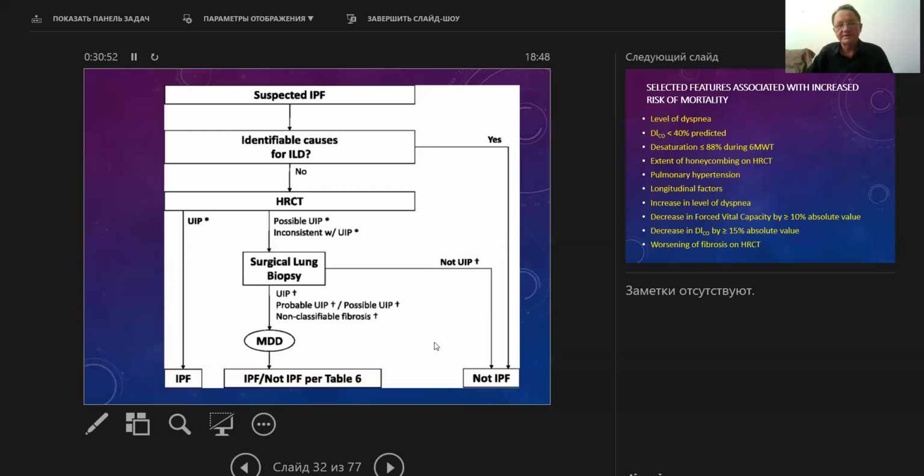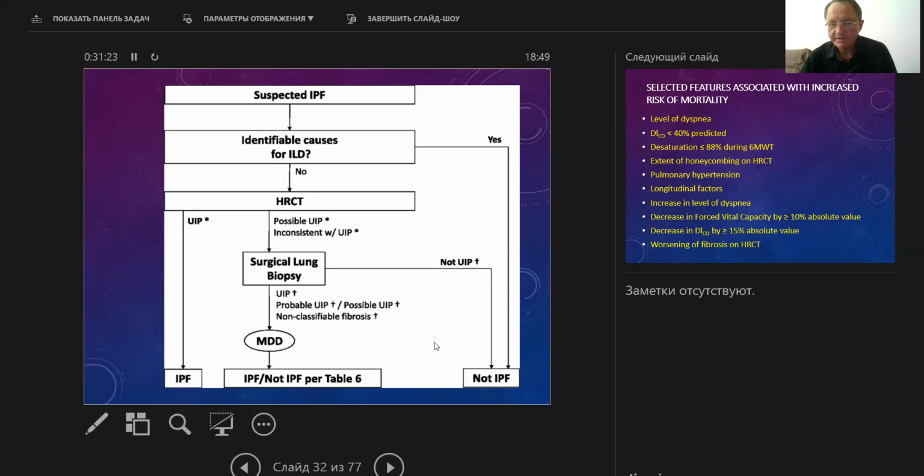That's why, just once more, if you suspect IPF, first of all, we should identify a possible causative factor. If we find, for example, a causative factor such as occupational exposure or consumption of amiodarone, we should exclude the diagnosis of idiopathic pulmonary fibrosis. If we exclude causative factors, we prescribe high resolution CT scan.